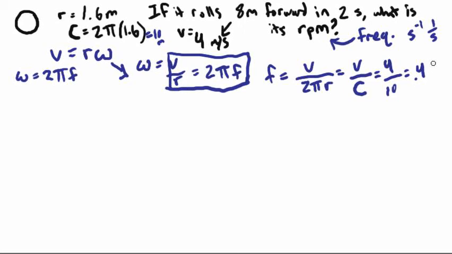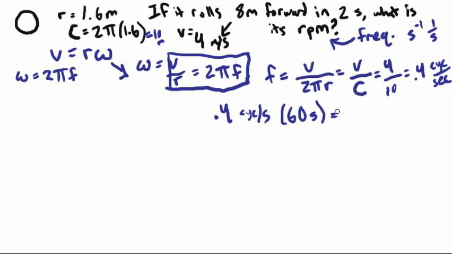Again, this is going to be cycles per second. Now, I want it in rotations per minute. Rotations and cycles are synonymous here; they mean pretty much the same thing. So what I'll have to do is at least get seconds to minutes. So 0.4 cycles per second, I'm going to want to multiply this by 60 seconds to convert it to minutes.